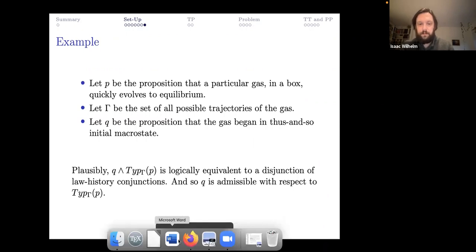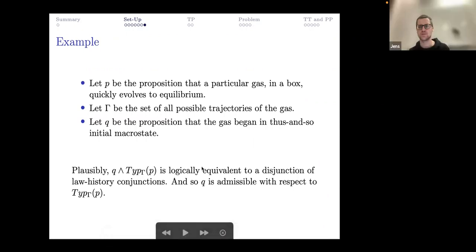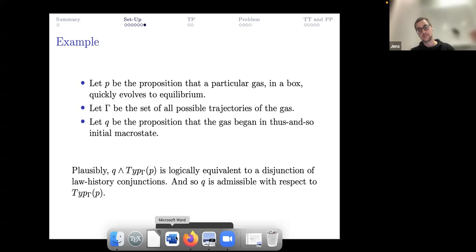Okay, last, yes. My question was basically in a very similar spirit to Diego's. I was wondering how your principle handles cases where Q is, say, the proposition that the actual history is extremely anti-thermodynamic, and gases, as a matter of fact, don't usually expand quickly.